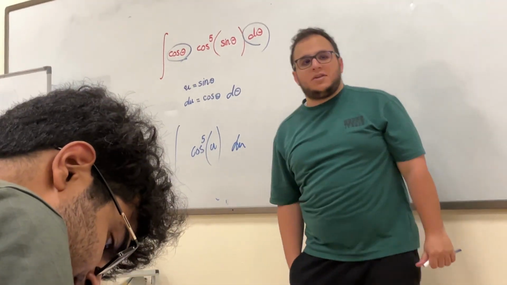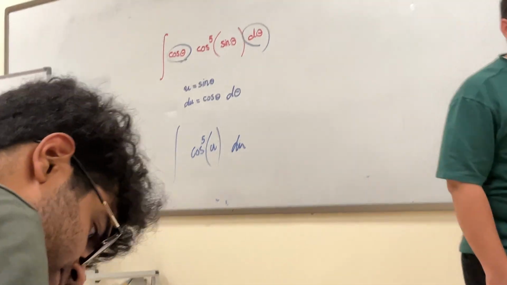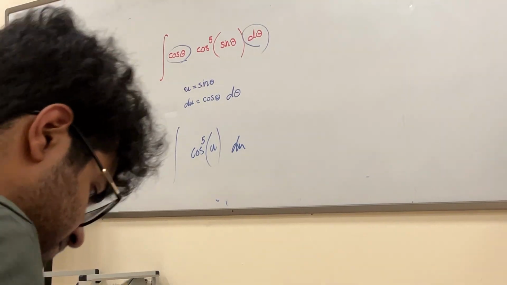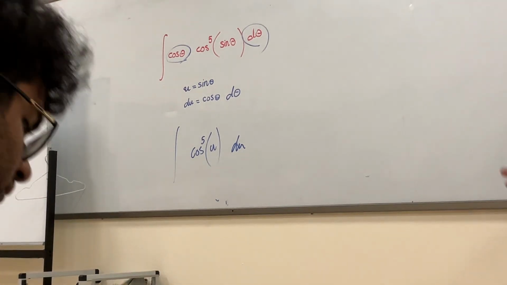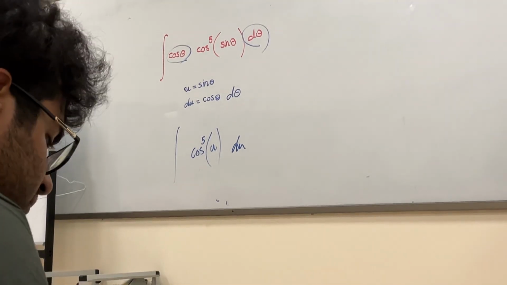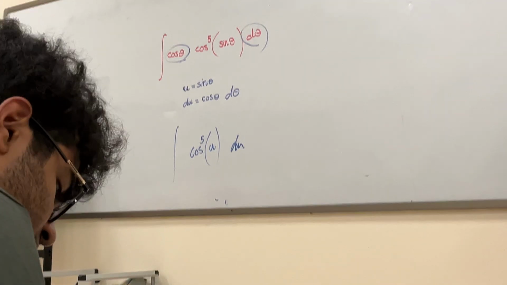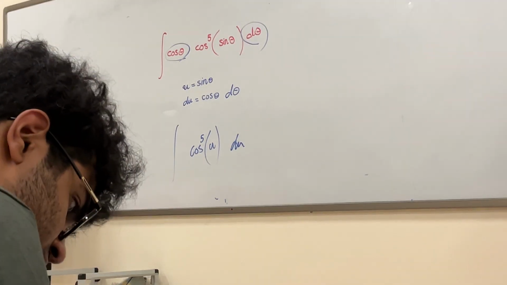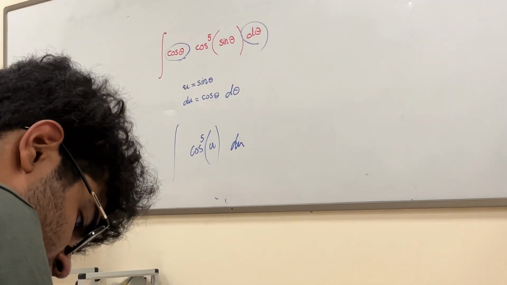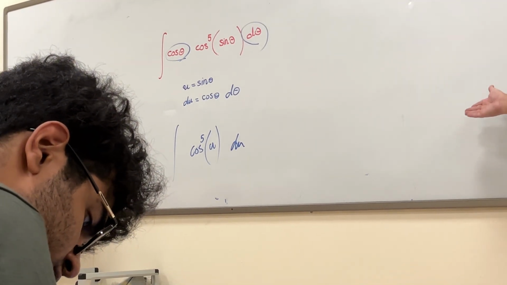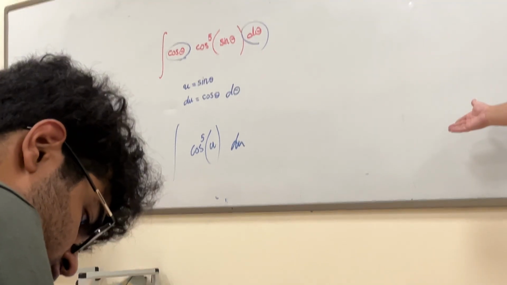How do you integrate cosine to the fifth? Okay, you're in the right direction. Tell me. Cos square. Leave one out. This is case 1 of 7.2, remember?